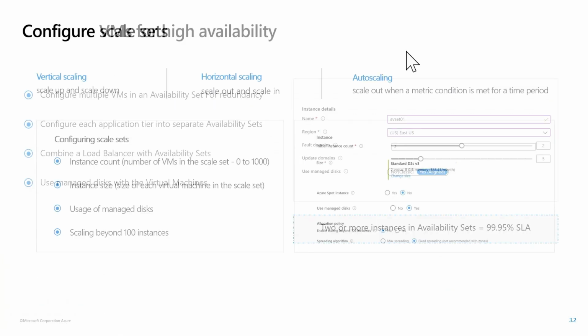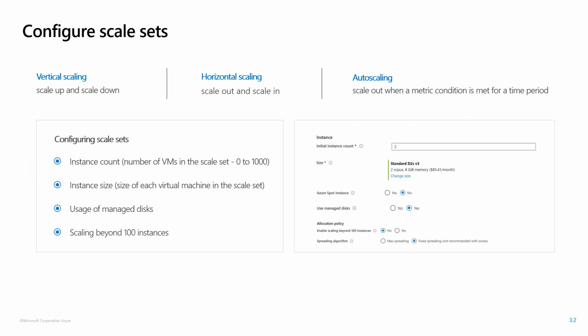Now let's move on to scale sets, which also give us the ability to deploy multiple virtual machines per configuration. A virtual machine scale set is a set of compute resources that we use to deploy and manage a set of identical virtual machines.